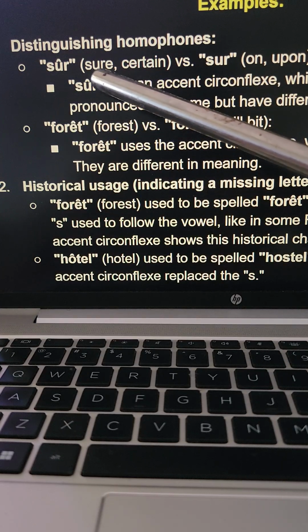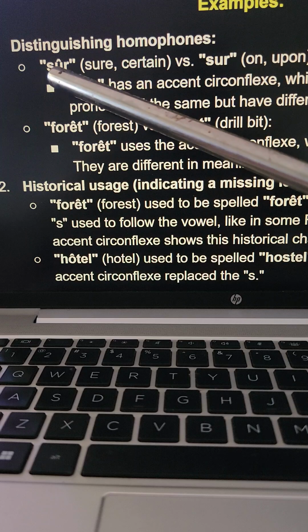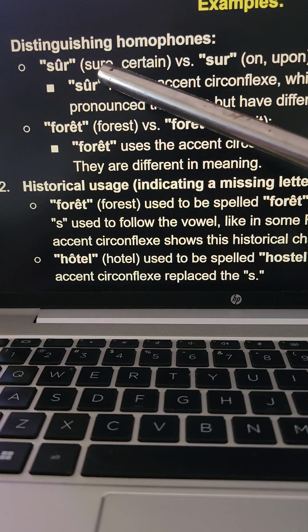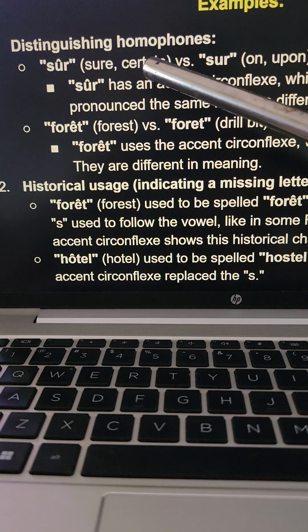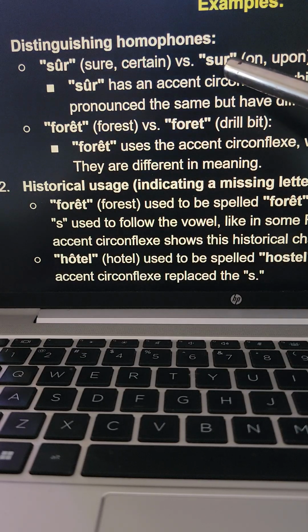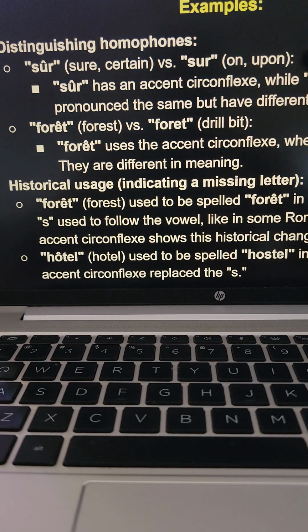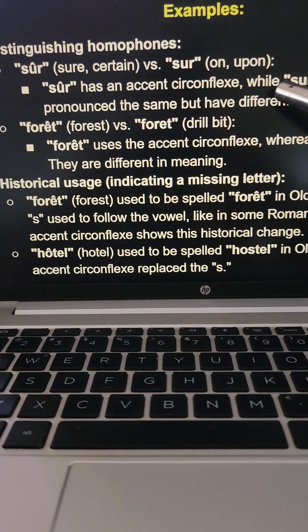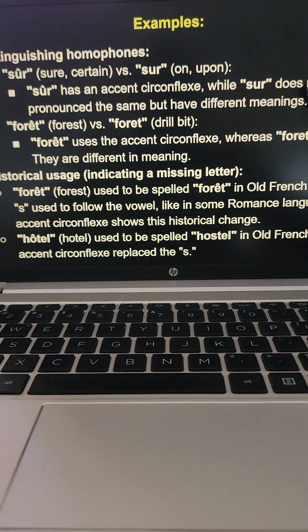This is sûr, with the accent circumflex on the U, means sure or certain, compared to sur without the accent, which means on or upon. So sûr has an accent circumflex while sur does not.